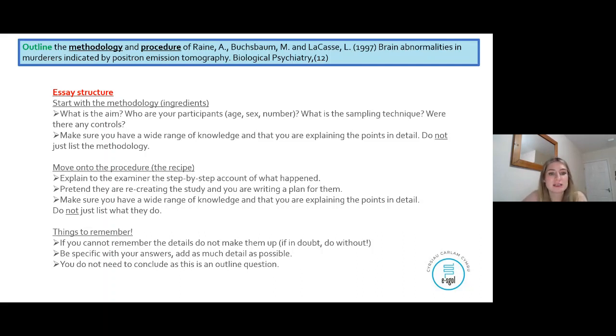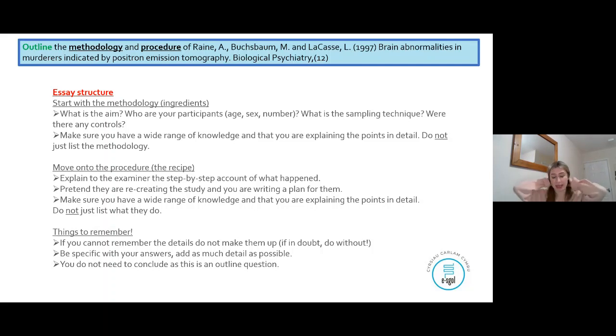So if we have a look at this from Watson and Rayner's point of view, what is the aim of the study? Well, they wanted to see if they could condition a phobia onto a young child. They wanted to see if phobias can be learnt.